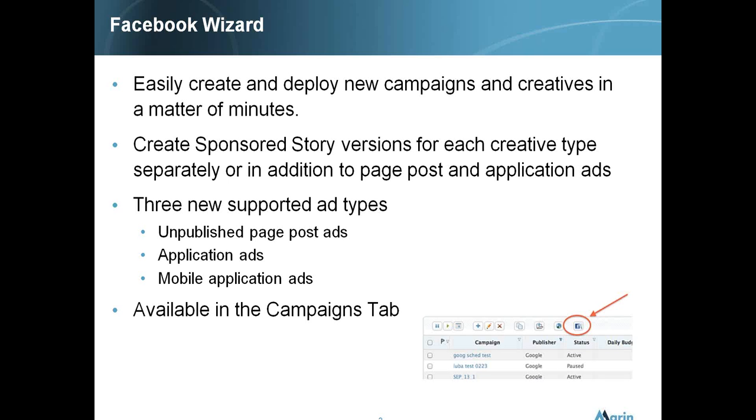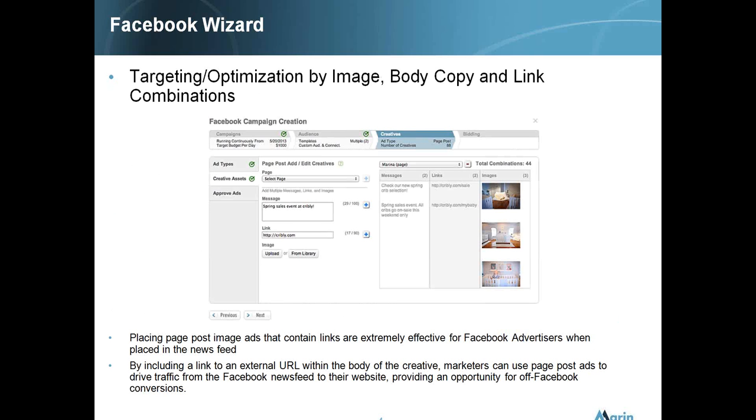One thing to note is that the wizard will not launch without any audience templates created within the application. So if you try to launch without any audience templates, you'll be rerouted to create a template.